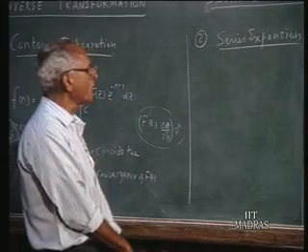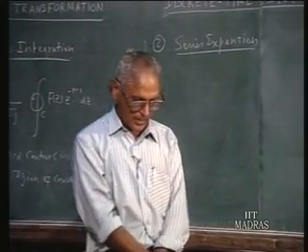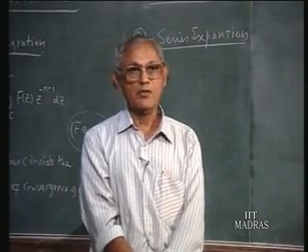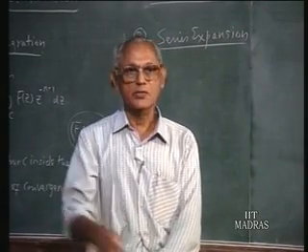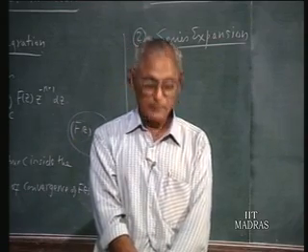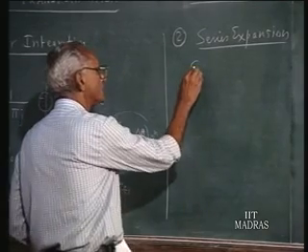Therefore, all we have to do is expand F(z) as a series in increasing powers of z^-1. If you achieve that, then you know the values of the samples at different distinct points of time. That's what we do. So let us take an example.